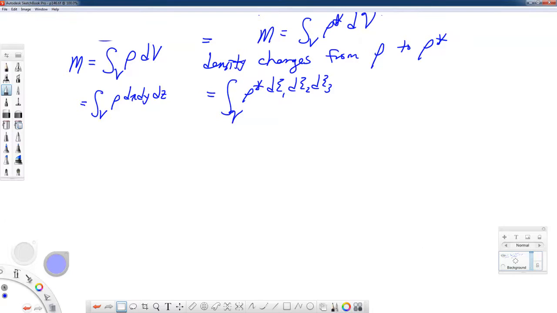Now here's where we can bring in some things all the way back from several lectures ago, when we recall that there's a one-to-one transformation between the infinitesimals in the undeformed region and in the deformed region.